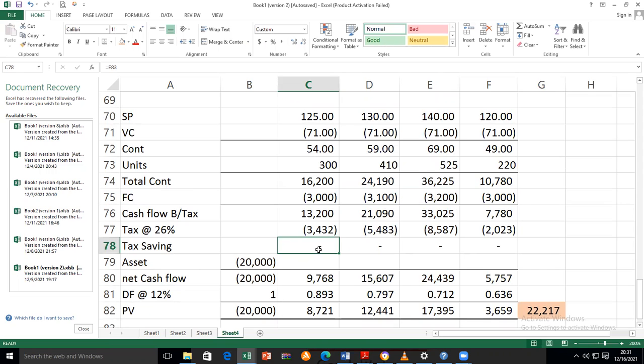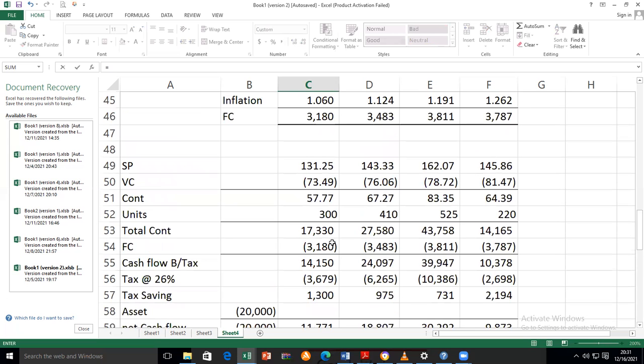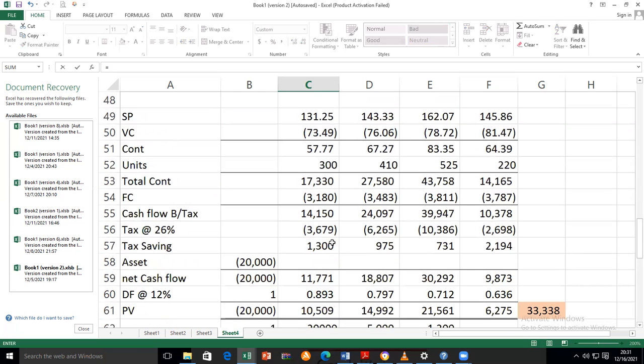And the tax being saved doesn't change. It's the same figures that we have here.